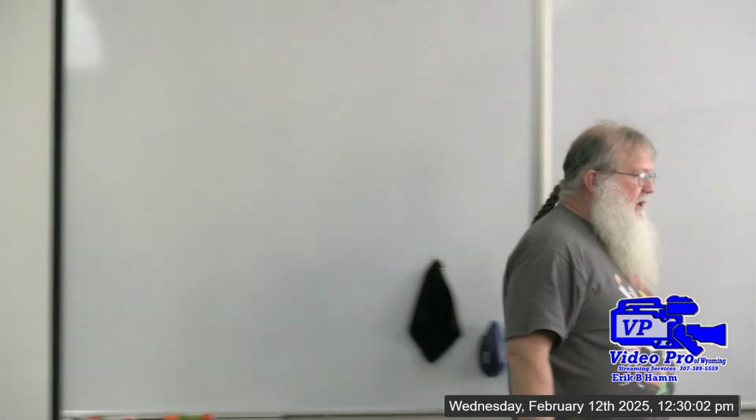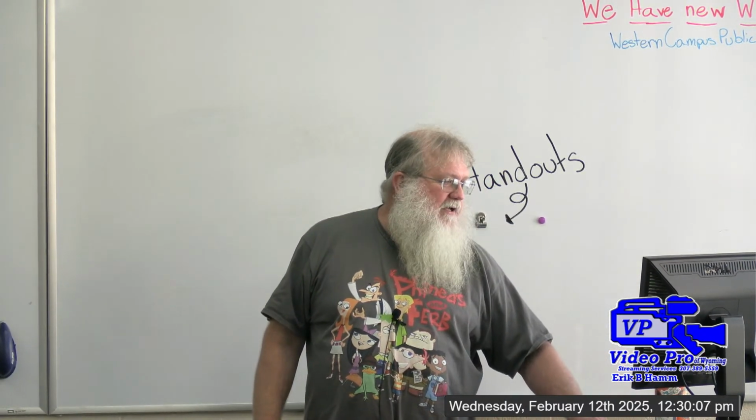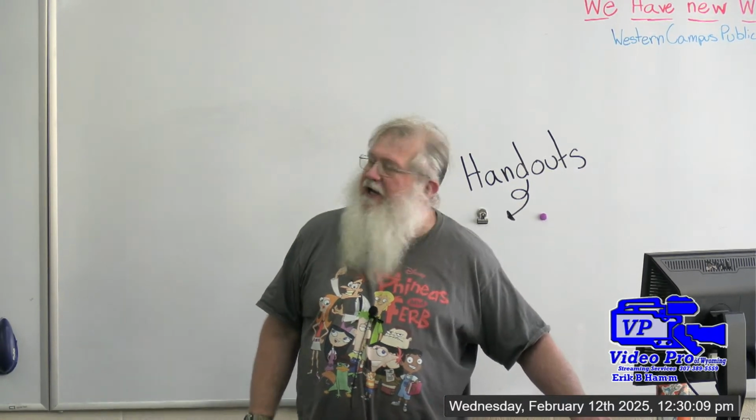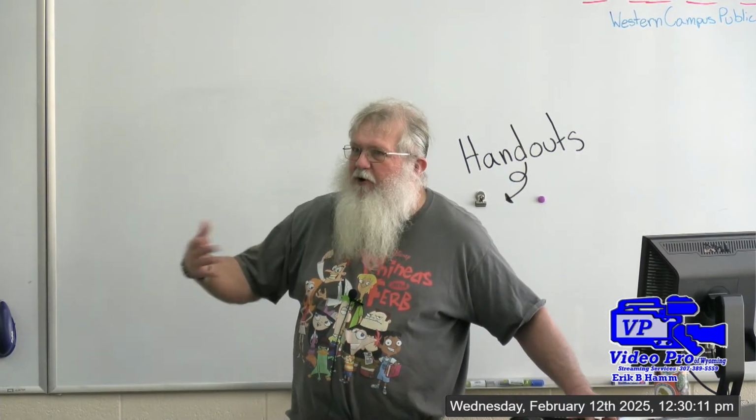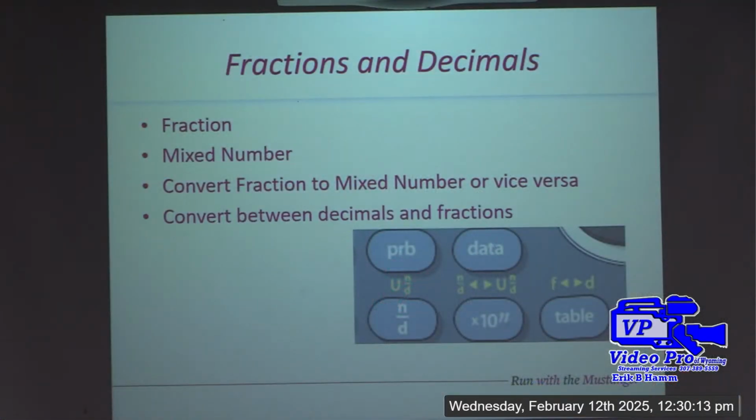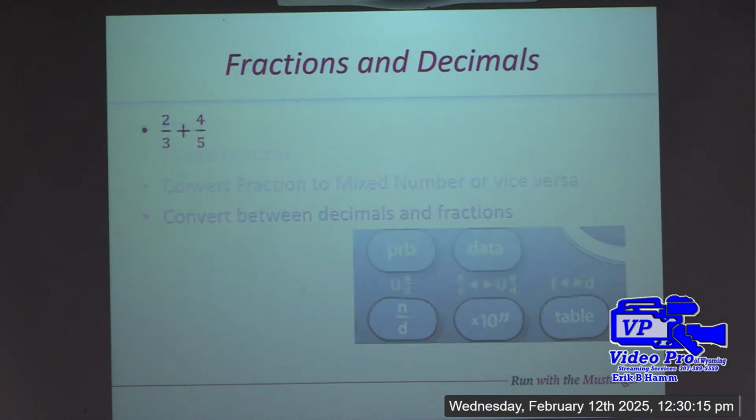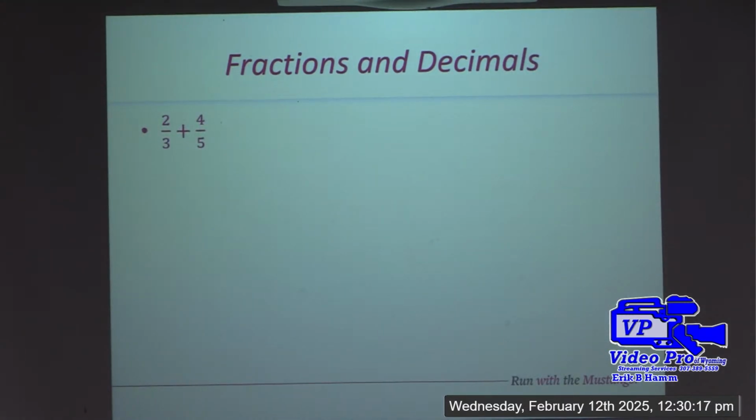So let's look at a couple of calculations there. We got our fraction, our mixed number, and our convert fraction to mixed number and vice versa. That goes both ways. And we got our convert to decimals and fraction buttons. All right, so let's do a simple calculation, 2/3 plus 4/5.